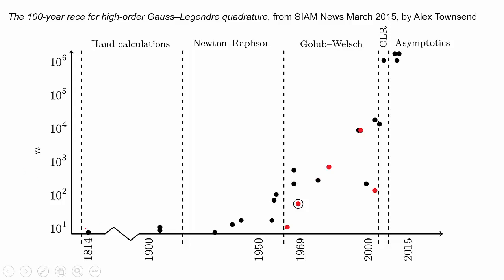As you can see, going from hand calculations, the age without any computers, people published in articles the weights up to about n equal to 10. And once we have computers, starting with the Newton-Raphson method as early as the 1950s, we were able to do about 100 n's.